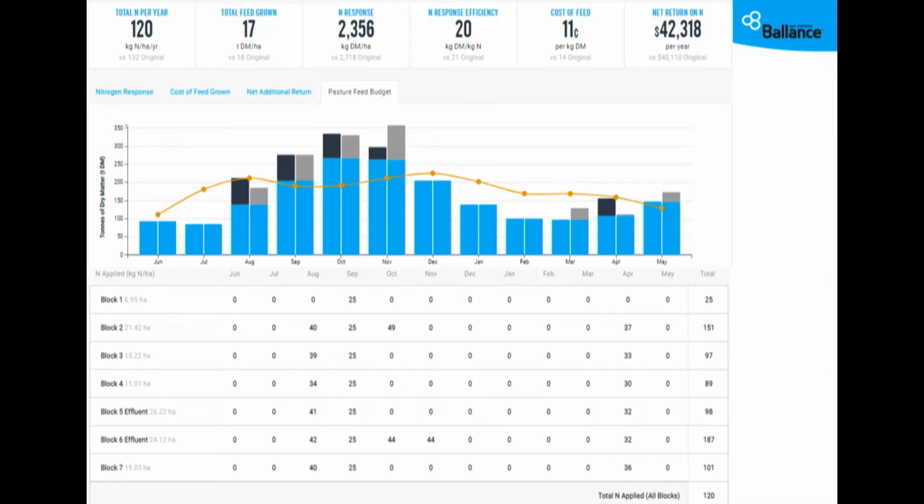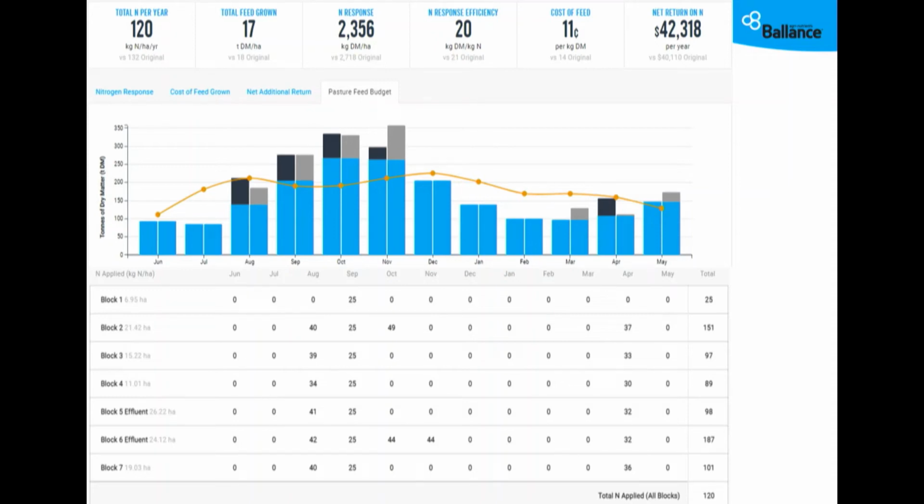At the bottom there, I've got this table up to show you how it spatially distributes that nitrogen, and this would have also appeared with those numbers for those other 2 graphs, but we just didn't choose to show those. We'll see in August, it's been variable rates of nitrogen recommended by the model for each of the blocks, with the highest rates going on, interestingly, block 6, the effluent block, which has had the lowest total N, but that was a relatively new effluent block on this farm.